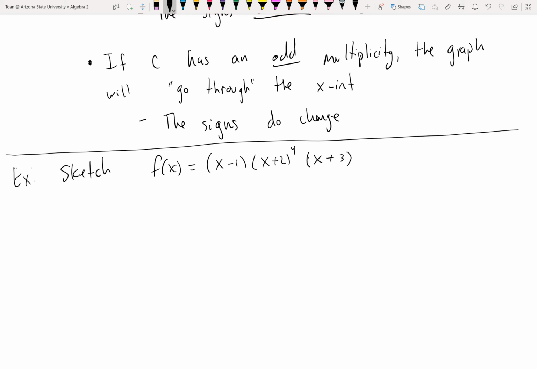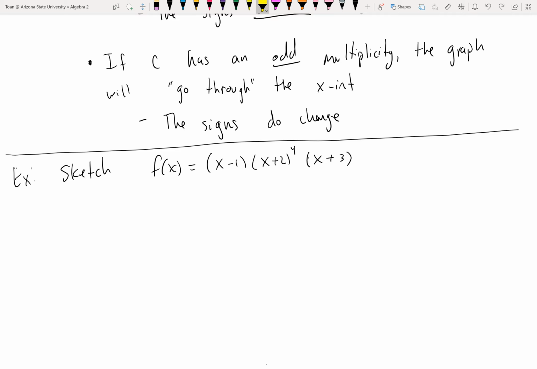And to do that, I would need the degree. Now, it's hard to see what the degree is when your function's in factored form. You can really only spot the degree if it's in standard form, which means you'd have to multiply this all out. Well, this is a pain to multiply out. I don't want to write it down 4 times and then do 6, 7, 8 different foilings.